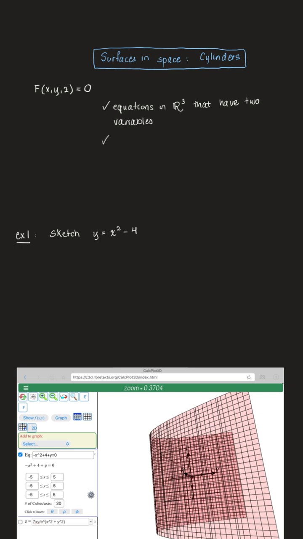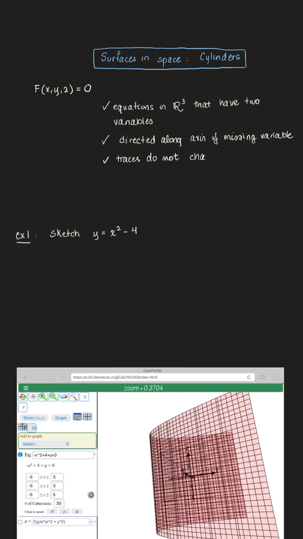Two, the cylinders are directed along the axis of the missing variable. And one more thing that happens with cylinders is that their traces do not change along that axis.